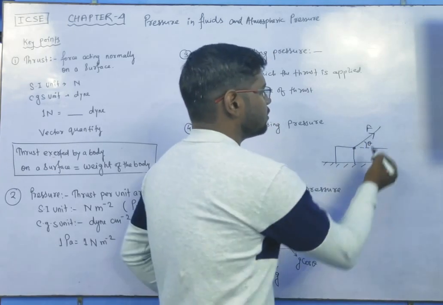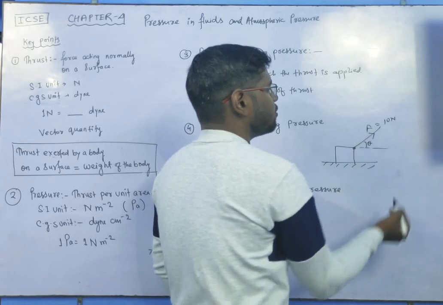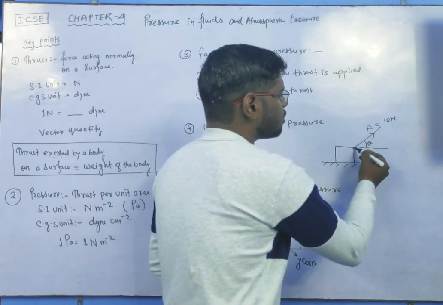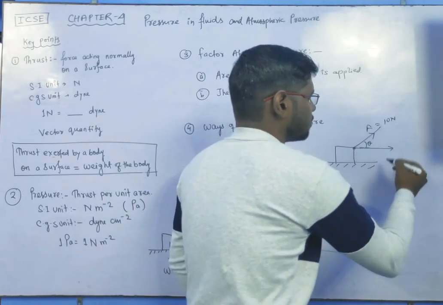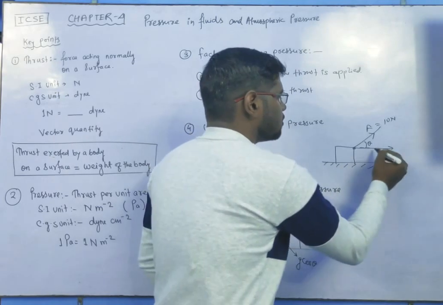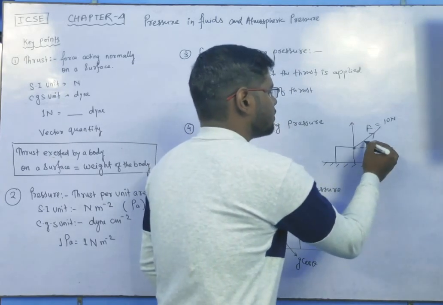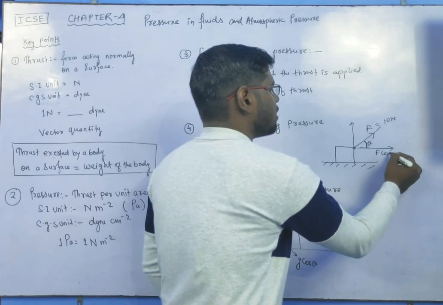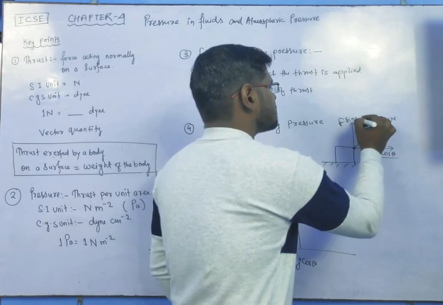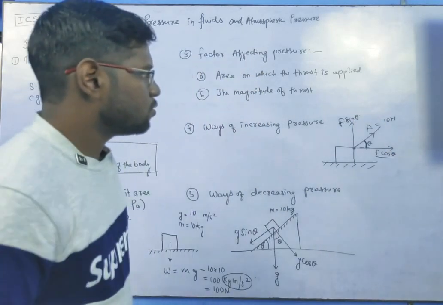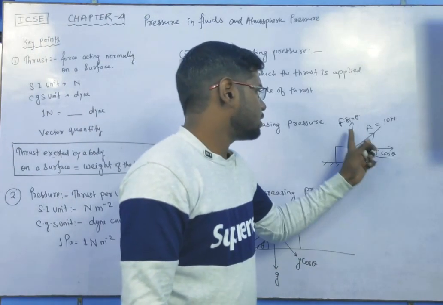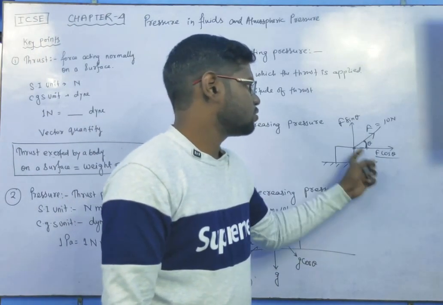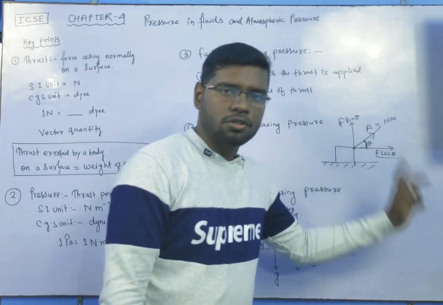Definitely if the value of force is 10 Newton, then the complete value is not acting in the horizontal direction. So we use some formula. If this is theta, this becomes F cos theta, this becomes F sin theta. So this is horizontal and this is vertical, and this technique is known as resolution of forces.